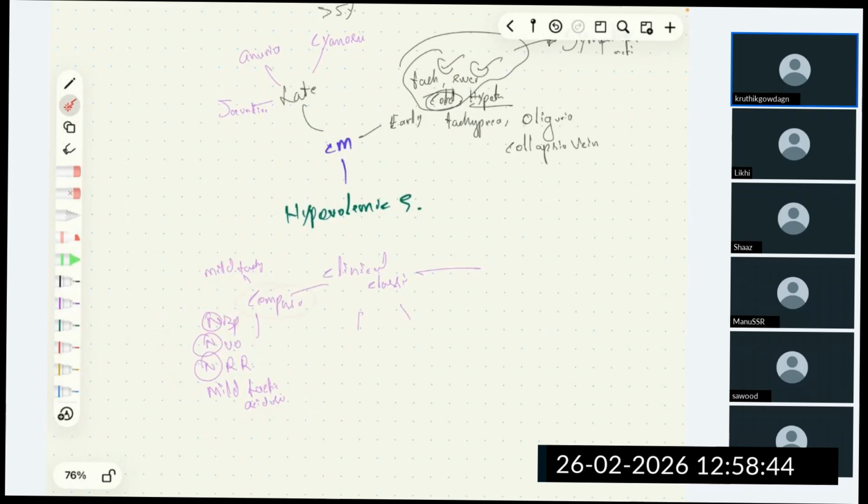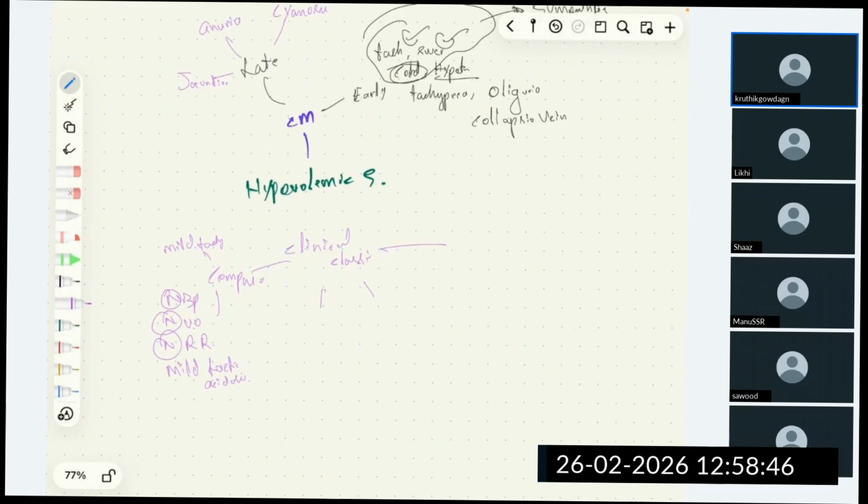So it's called compensated. In case of mild shock, it has mild lactic acidosis, tachycardia, not mild, significant tachycardia. And also the patient has tachypnea and anxiousness. Along with these things, if you go to moderate shock, the patient has reduced urine output.